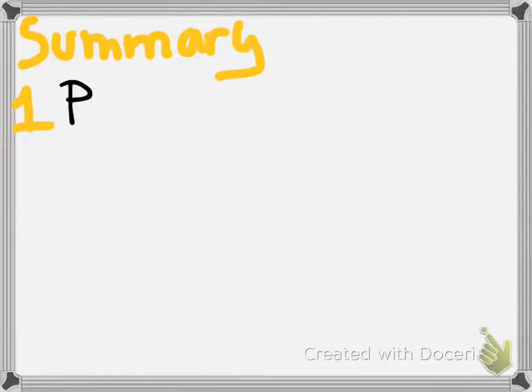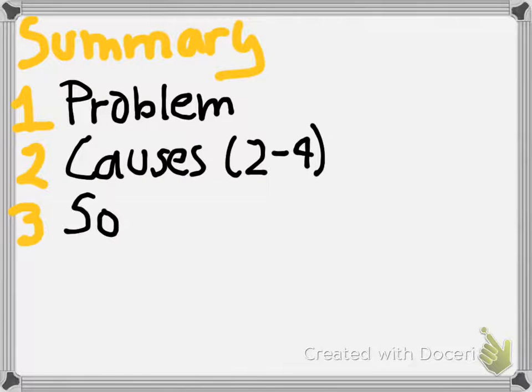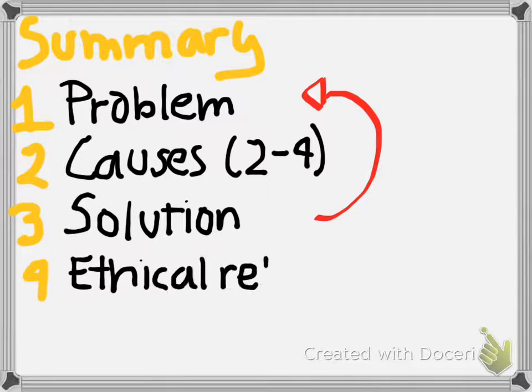So, here's a summary of what you have done. 1. You identified your problem. 2. You analyzed the causes, between 2 and 4. 3. You offered a solution which had a correlation with the causes of the problem. 4. You stated the ethical relevance of your paper. 5.